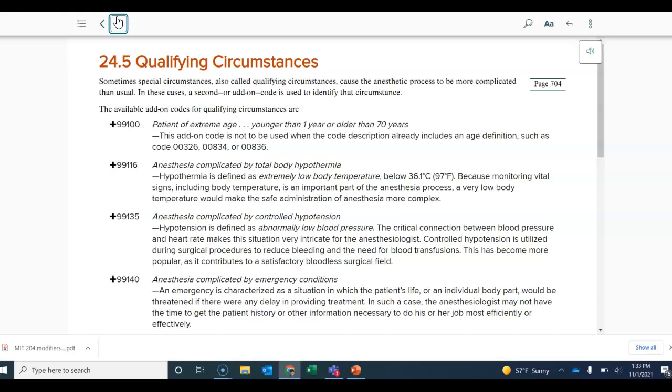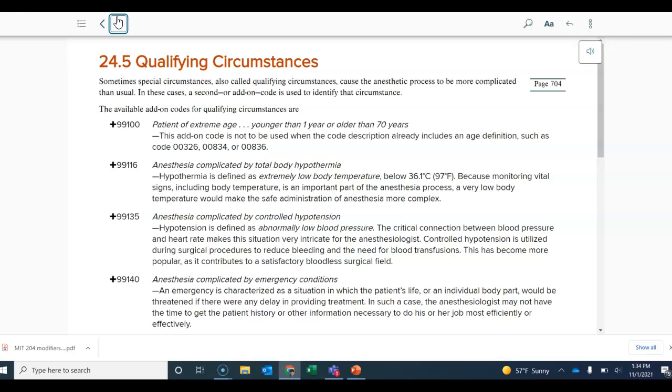So you know the plus means it's an add-on code, which means it never goes first. So your anesthesia code, your 0, is going to go first. Okay? So let's say that a mastectomy had to be done on a 72-year-old woman. Okay?